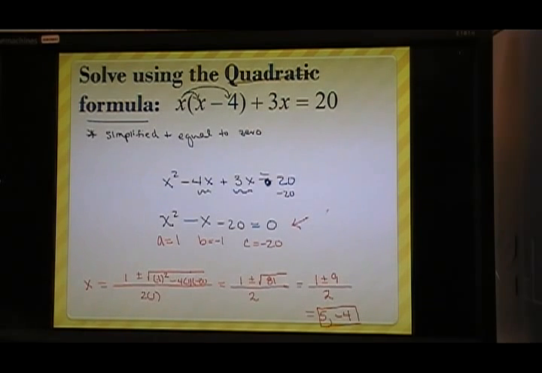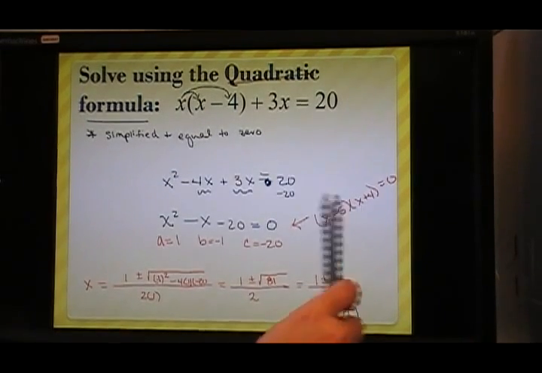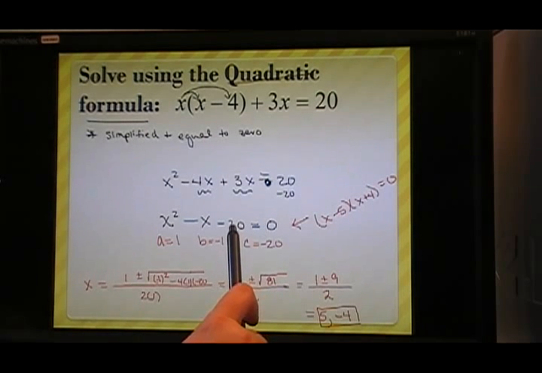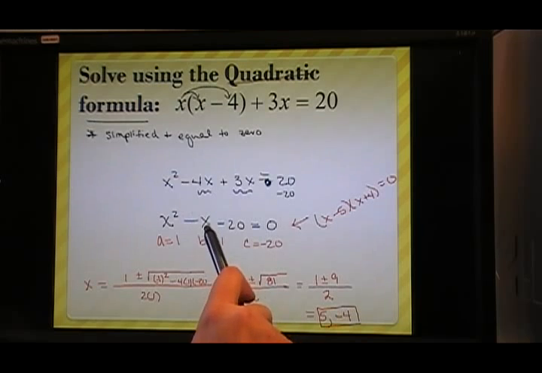If you go back to this point here and think about the factorization, it would be x minus 5 times x plus 4 is equal to 0, right? X times x is x squared. Negative 5 times positive 4 is your negative 20, and negative 5x plus 4x is your negative 1x.